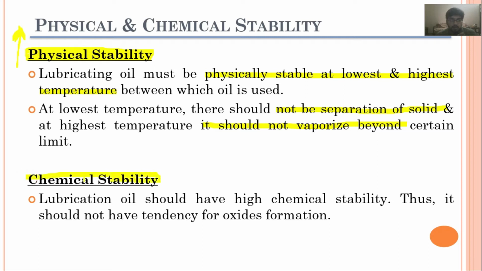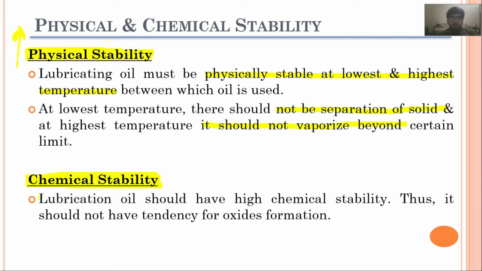Next we have chemical stability. It should not react chemically with the moving components, or with some other component, or with the additives. It should not form any sort of oxides. These lubricants consist of olefins, and these olefins form oxides, which are gummy deposits, and that is undesirable.